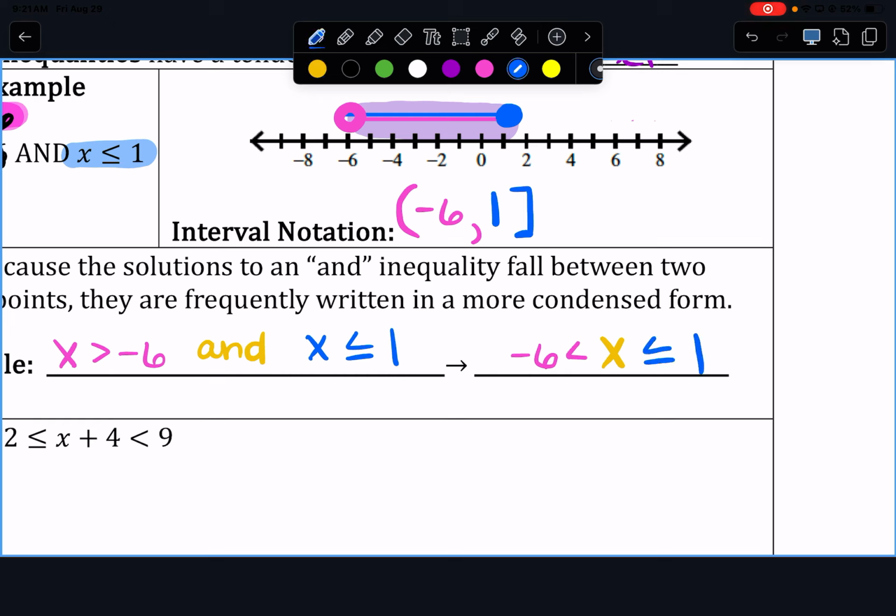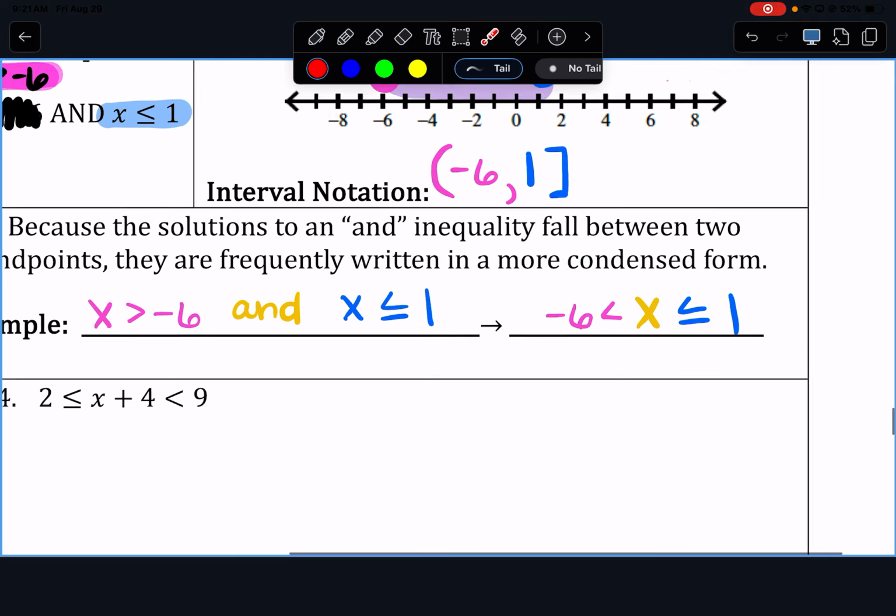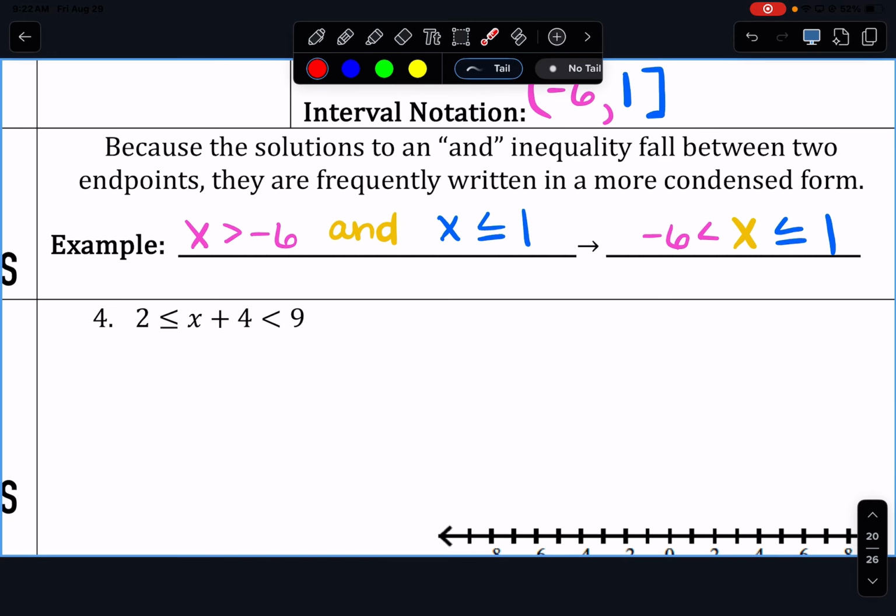We're just writing it as an inequality that shows that your solution is in the middle. That's all we're doing. The solution is what's in between the two. Or this is literally the line that connects them. And so a lot of the equations we have with "and" inequalities are written in this format. We'll almost never see the word "and" written out in a problem. And so for number 4, we're going to actually look at that.